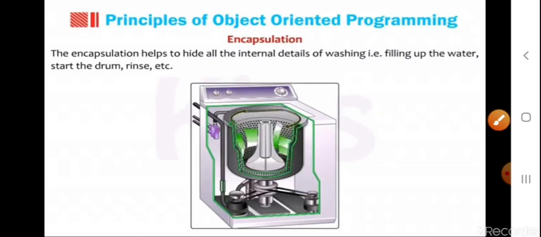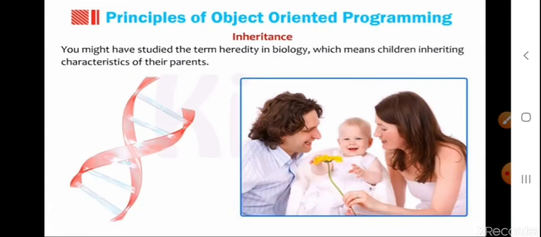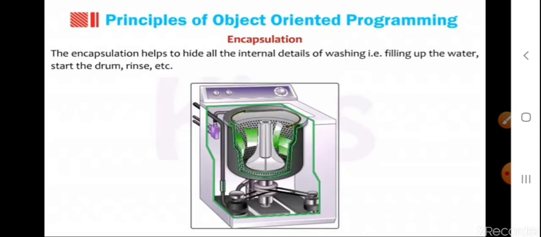The encapsulation helps to hide all the internal details of the washing machine, that is filling of the water, starting the drum and rinse, etc. So with this we complete the second principle, which is called encapsulation.